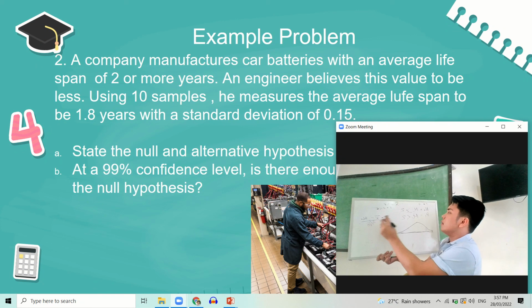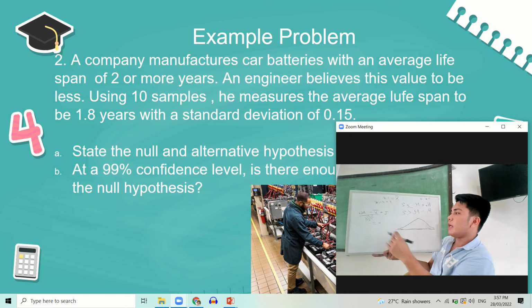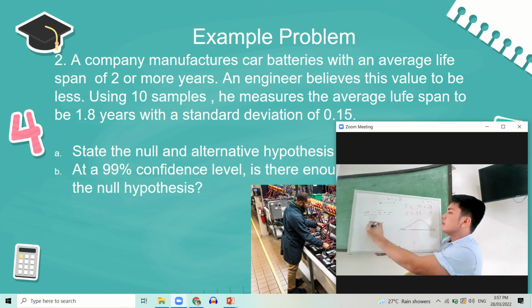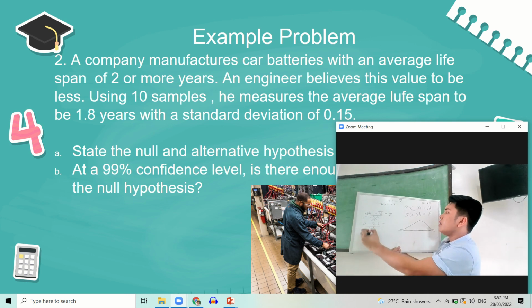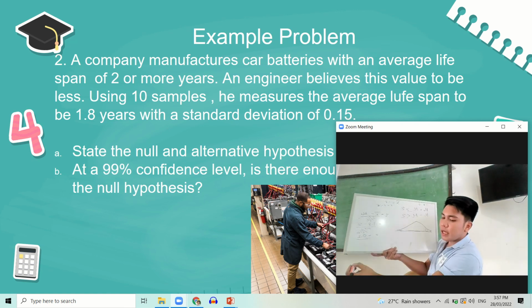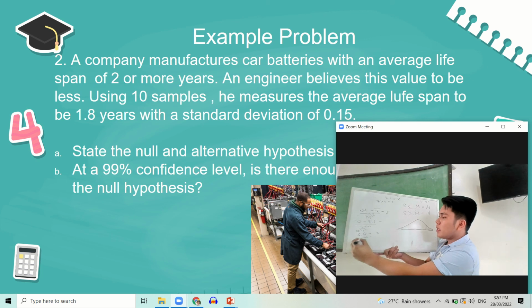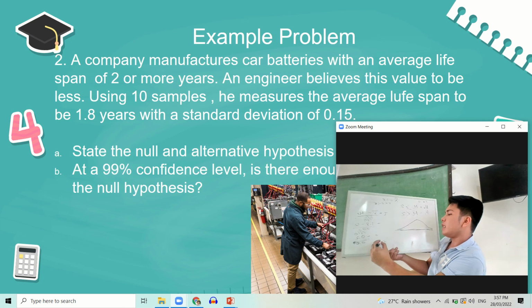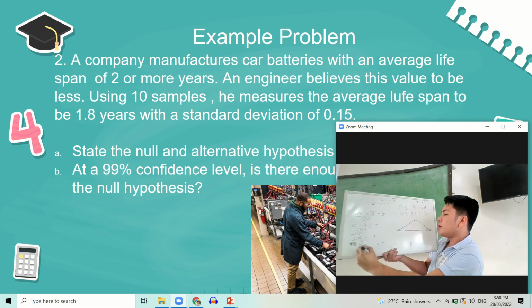So this is 1.8 minus 2 over the standard deviation 0.15 divided by the square root of 10. To make it short, the answer is negative 0.2 divided by 0.04, and then you will have the t critical value of negative 4.22.